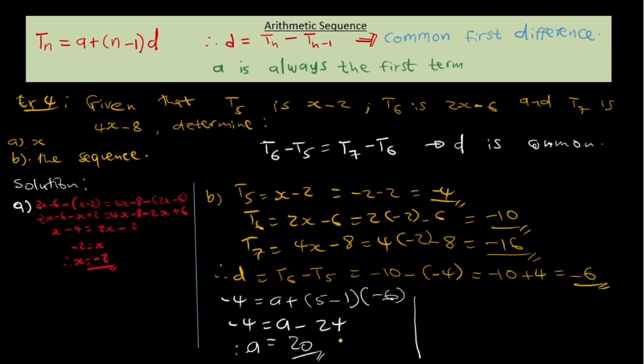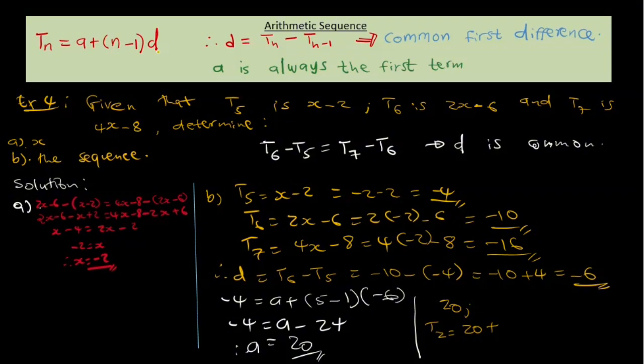We all know that a is the first term of an arithmetic sequence. So 20 will be the first term, and then T2 will be 20 plus. So go back to the equation. We know the value of a, which is 20.